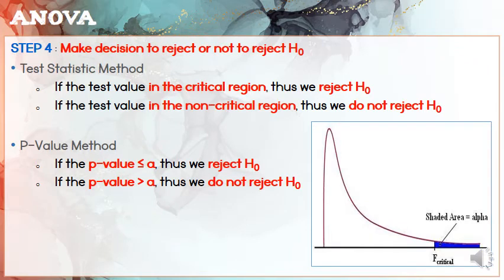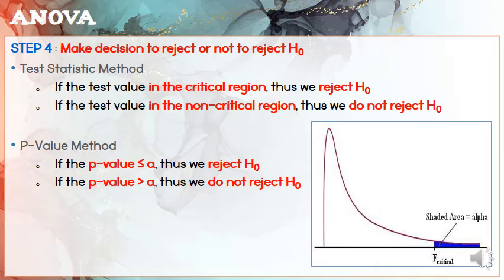Okay, once you have already calculated all the values, then you bolehlah buat decision whether to reject or not to reject. So, untuk test statistics method, sama macam sebelum-sebelum ni. If the test value, okay, lies within the critical region, we reject. If not, we do not reject. Okay, untuk p-value method pula, if the p-value is less than or equal to alpha, kita reject.